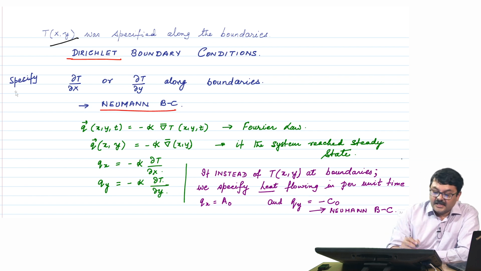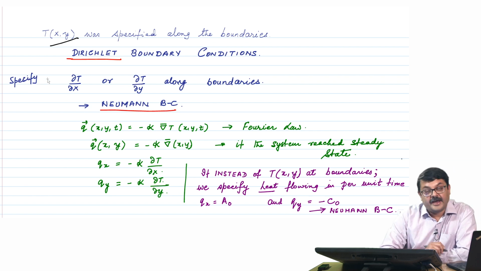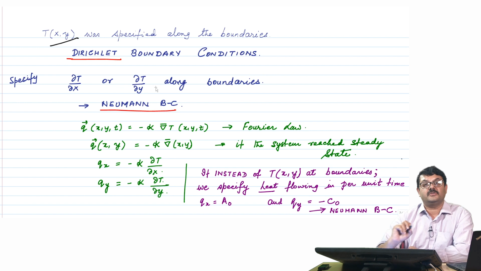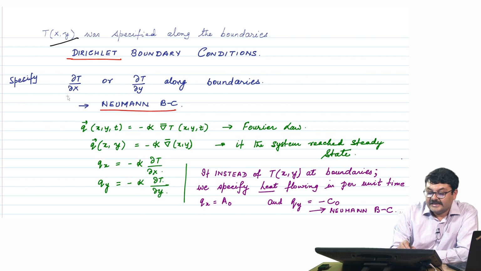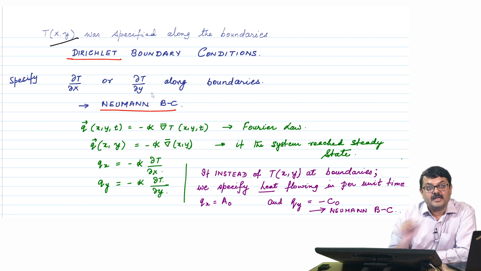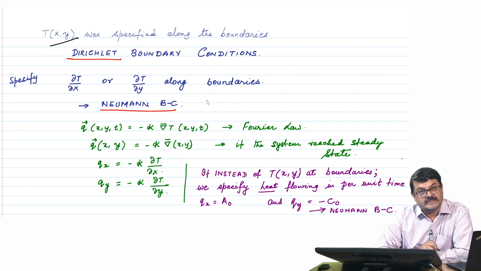On the other hand, you can also specify the dT/dx or dT/dy along the boundaries, which is the first derivative of the field that you are solving for. In our case, it was temperature. And when you specify dT/dx or dT/dy along the boundaries, then you call it the Neumann boundary condition.